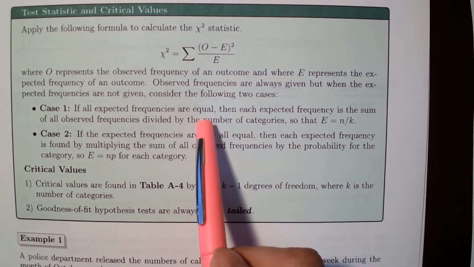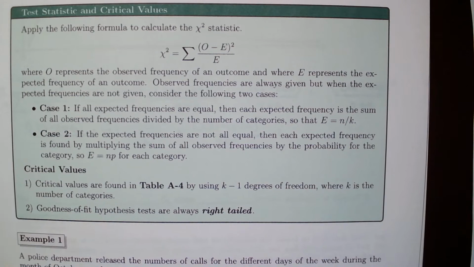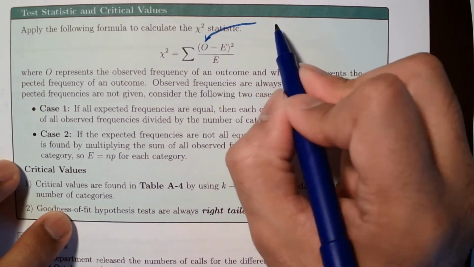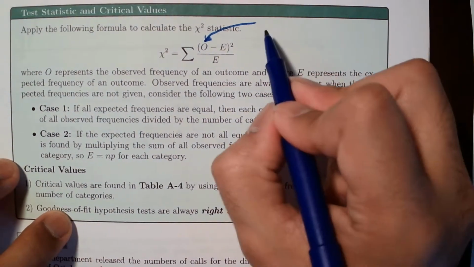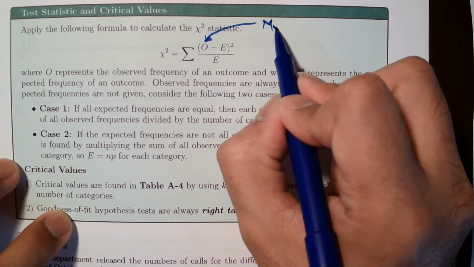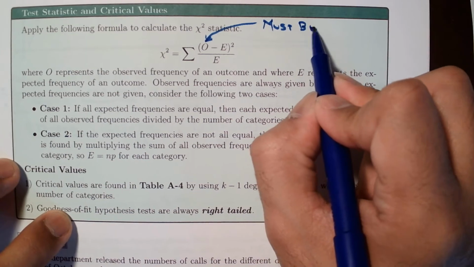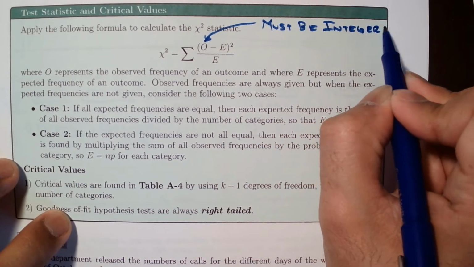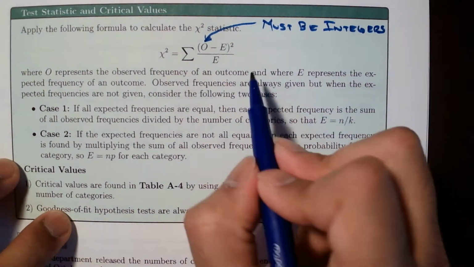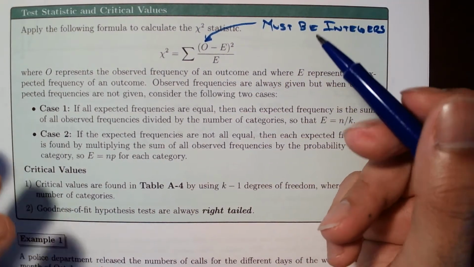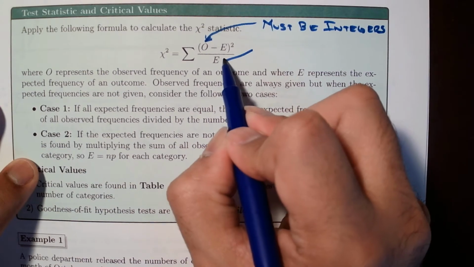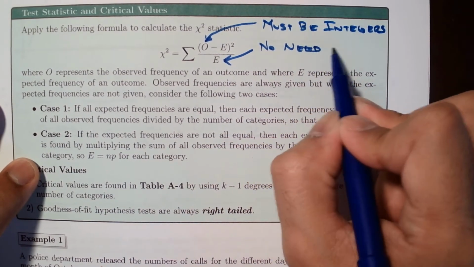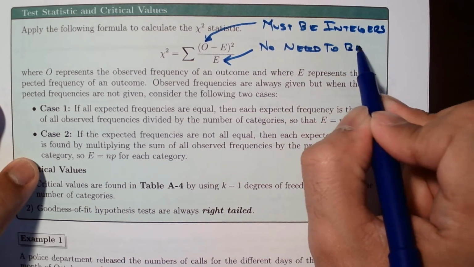Now, for the observed frequencies, because these are observations, these must be integers. While the expected frequencies are just statistically calculated, so there is no need for them to be integers.